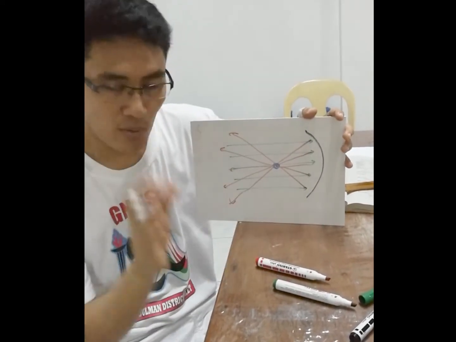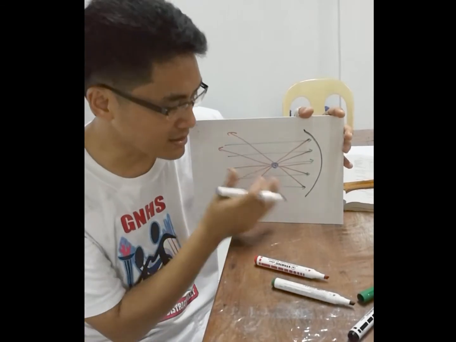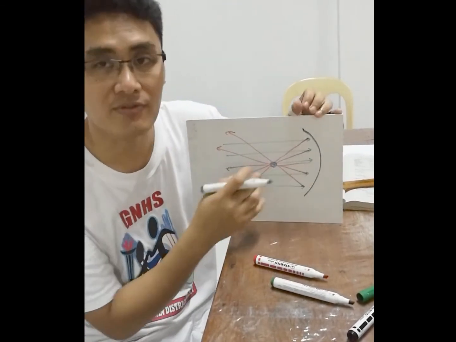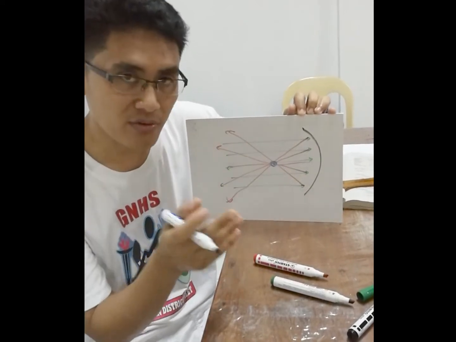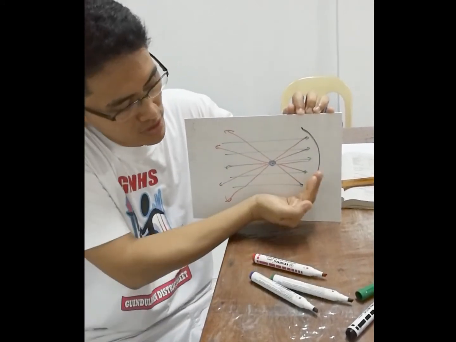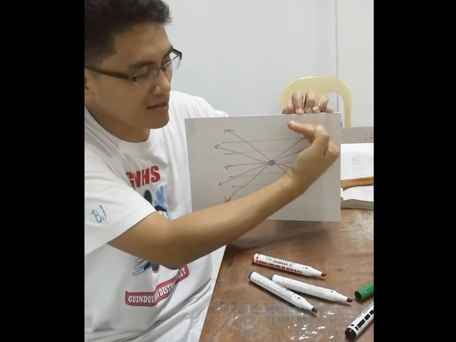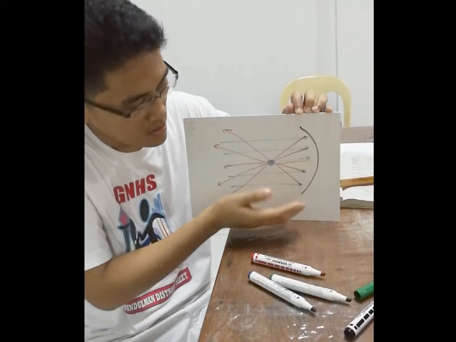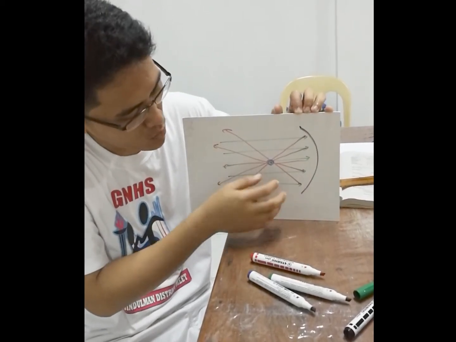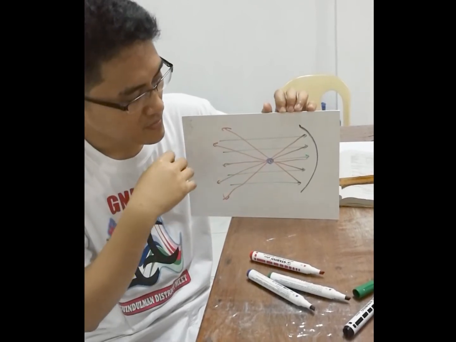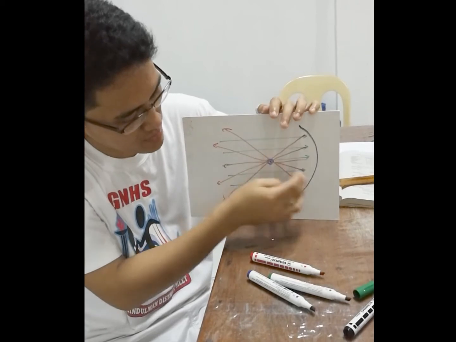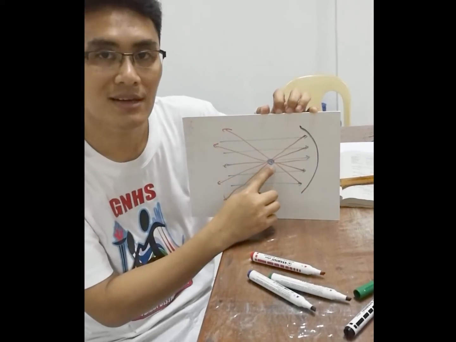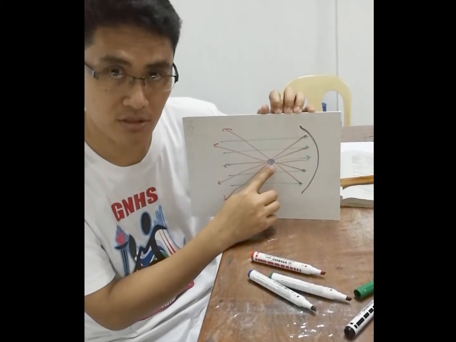And I want you to realize that that is not because the light rays are not following the law of reflection. Individual light rays follow the law of reflection, but because the surface's angle are changing, the effect is, when you look at the general trend of the reflected angles, they seem to meet at a certain point, right?